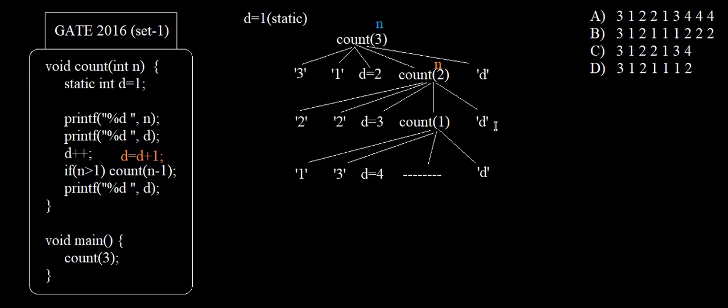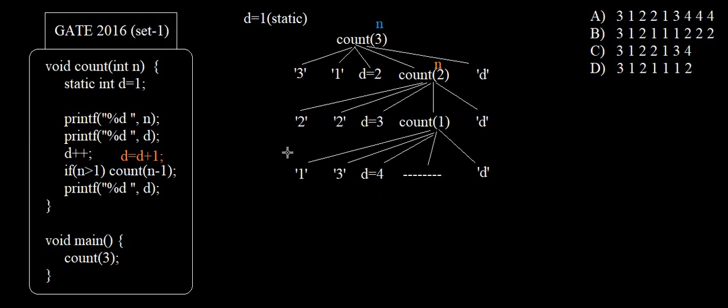We will not reinitialize d because it is statically allocated, and so we have count(1) to be executed. Now the value of n to be printed is 1, then d, which is 3, and we increment the value of d, which becomes 4.